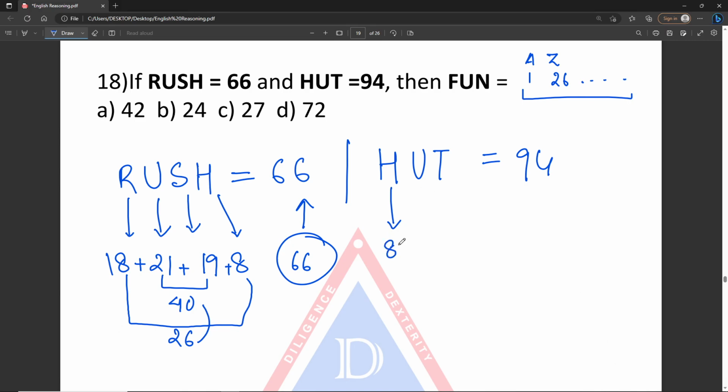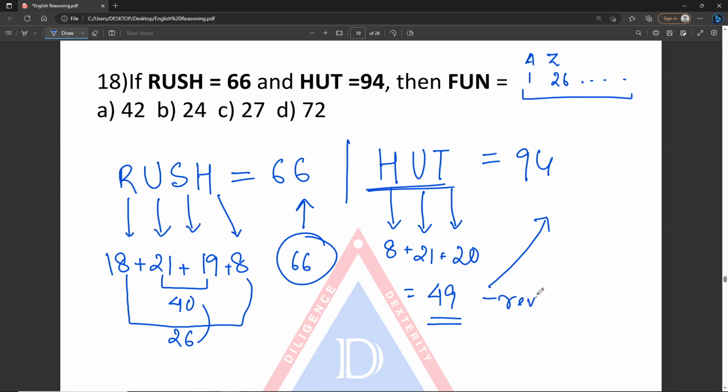H's value is 8, U's value is 21 and T's value is 20. If we add the three numbers, it comes to around 49, but here it is given 94. That means after adding the letters, we just reverse the digits. See, 49 reversed comes 94. And 66 reversed comes 66 only.